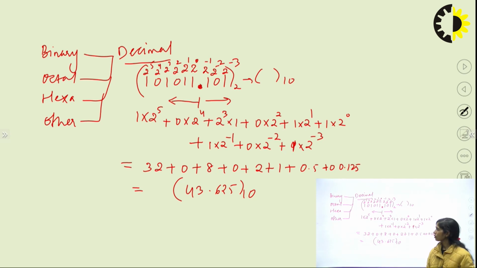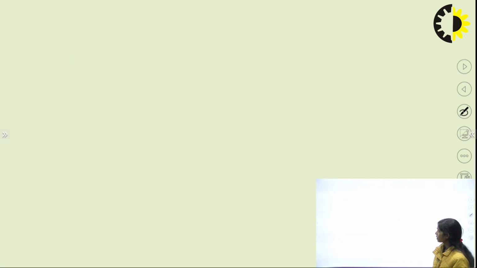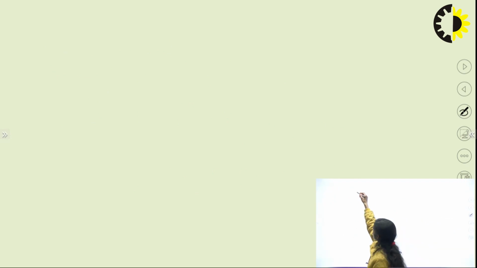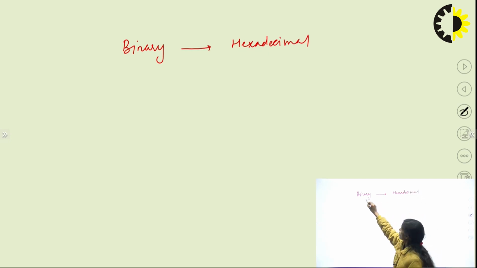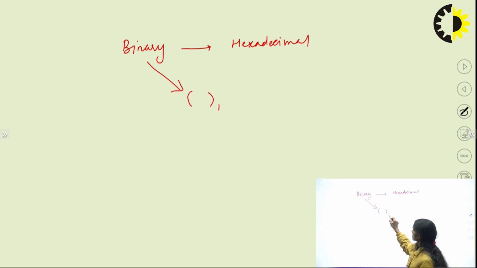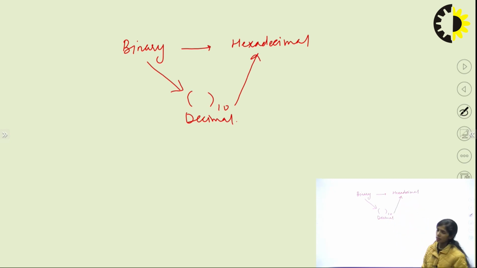So these are the two methods for interconversion of any number system into another system. Now let us suppose I have to convert between non-decimal number systems, like converting the binary number system into the hexadecimal number system. In this case I need to first convert the binary number system into the standard number system, that is the decimal number system. After this I can convert it into the hexadecimal number system.